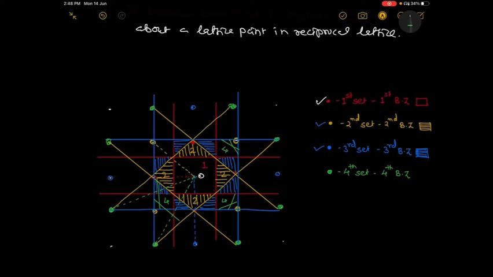Here also, fourth region. In that way, we draw the various Brillouin zones in the reciprocal space lattice.